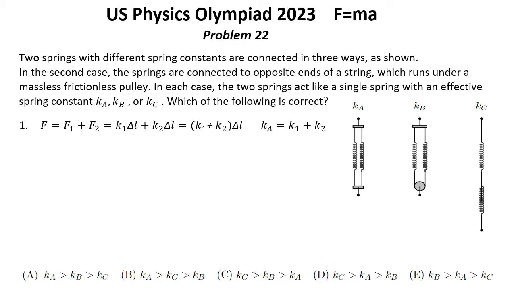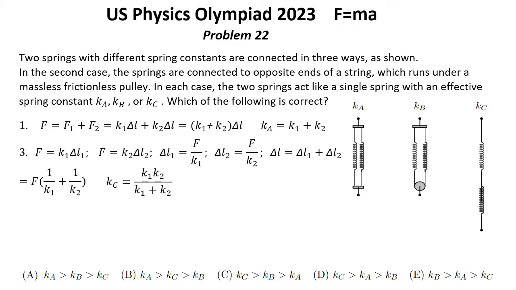In the third case, we have the same force applied to both springs, so we have force F equal to K1 delta L1, which is equal to K2 delta L2. From here we can find delta L1 and delta L2.